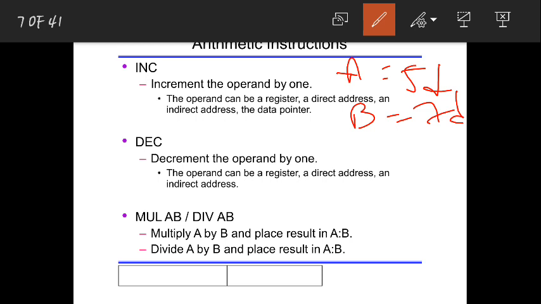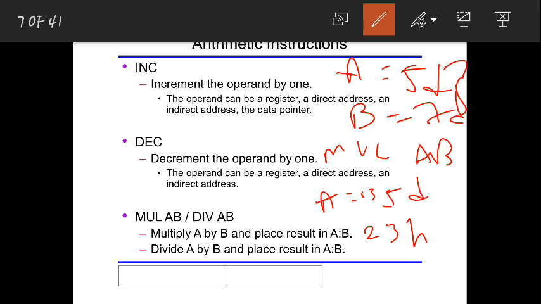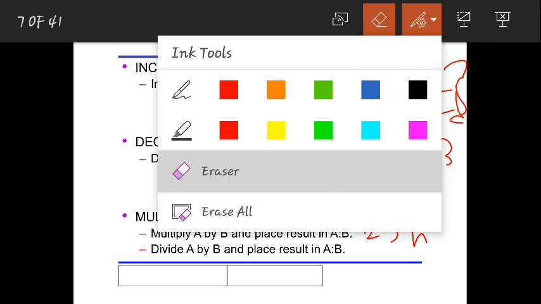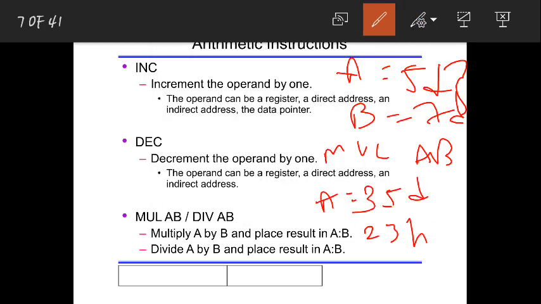If I write MUL AB, after execution it takes them in hexa, converts to binary, and the multiplication 5 times 7 happens. After that you get A equal to 35 in decimal. If you convert this to hexa you will get 23H.